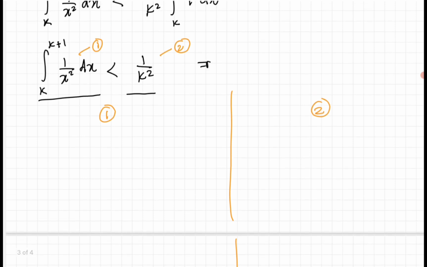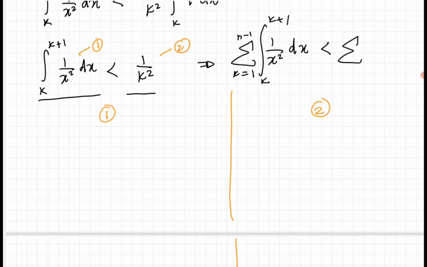Once we do, we get the summation of k equals 1 to n minus 1 of the integral from k to k plus 1 of 1 over x squared dx is less than the summation of k equals 1 to n minus 1 of 1 over k squared.